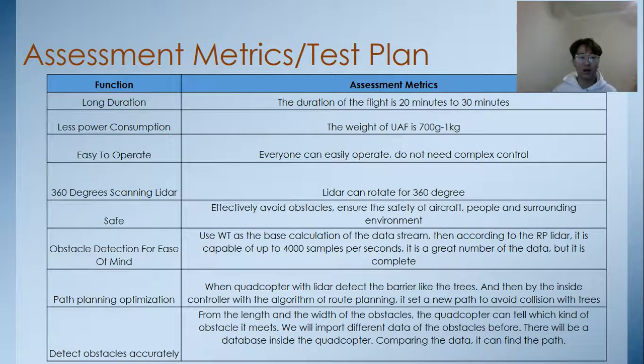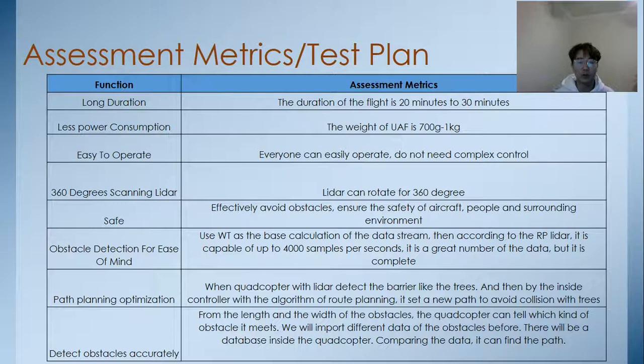This part is about assessment metrics. For long duration, the metric is that the duration of a flight is 20 minutes to 30 minutes. Next, weight: the weight of the UAV is 700 grams to 1 kilogram.